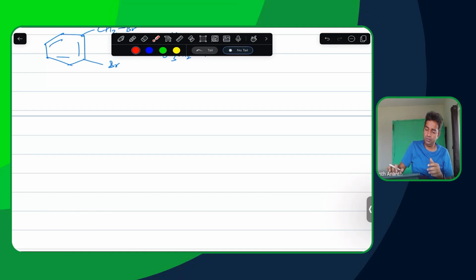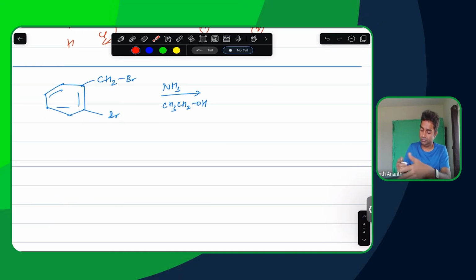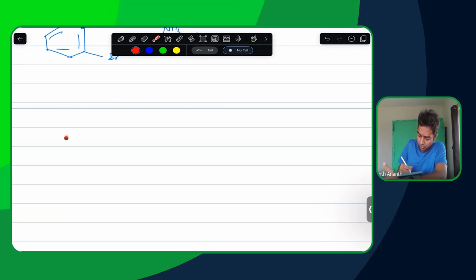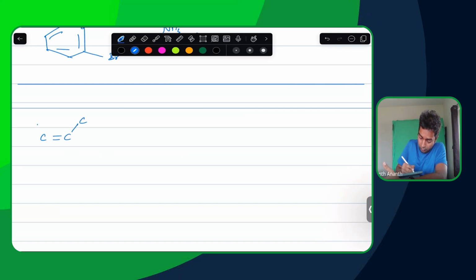It first forms the bromohydrin. It reacts with bromine water and forms a bromohydrin.